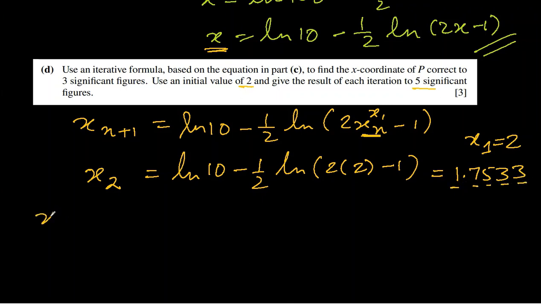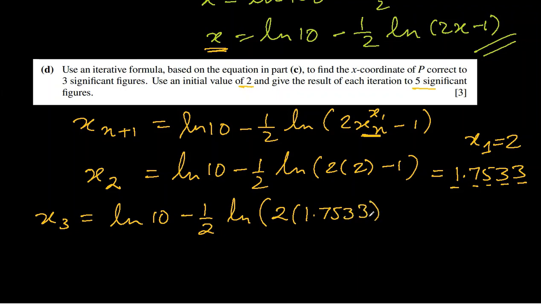Now we'll go to x3. For x3, x2 becomes xn. So half ln of 2 times 1.7533 minus 1, and this gives us 1.8431. I'm rounding off because they are saying that we have to write 5 significant figures. There are more digits after this, but I'm rounding them off.